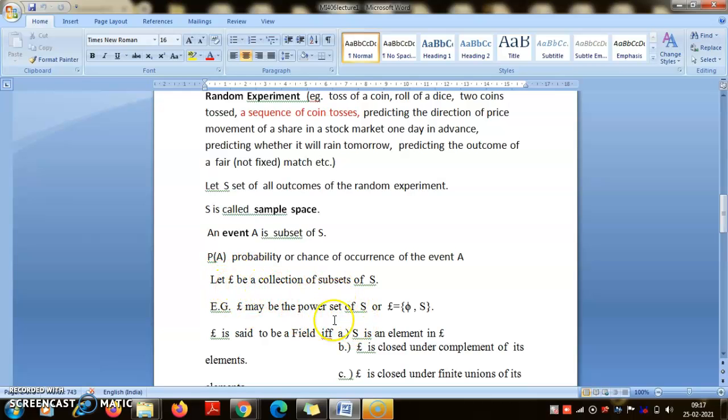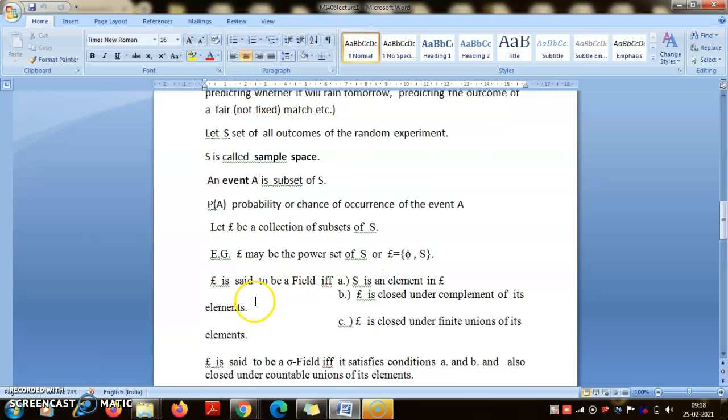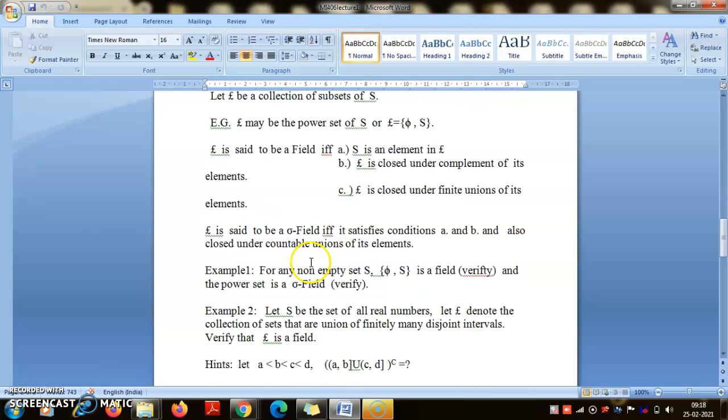Yes, you can take the power set, but then there are some problems when the sample space has infinitely many possible outcomes. Those are some advanced details. As of now, you may just think of this as the power set. There is no harm.